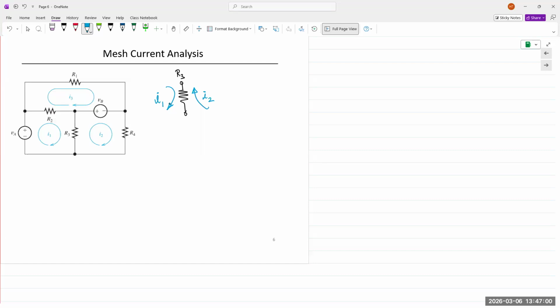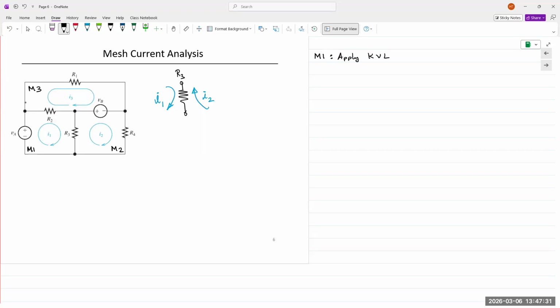So let's say this is mesh 1 on the far left. This is mesh 2 on the right, and this is mesh 3 above. M1, M2, and M3. Let's apply KVL to M1. So mesh 1, apply KVL. You sum up the voltages.